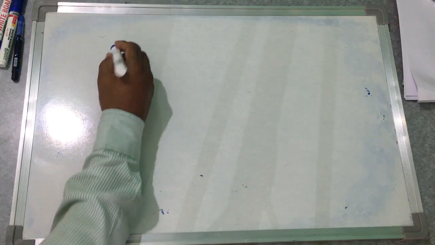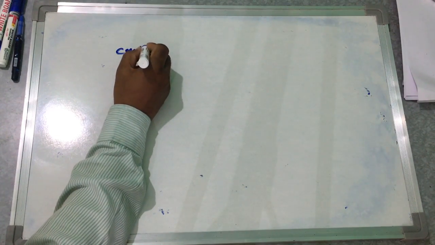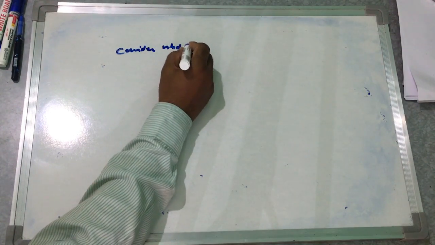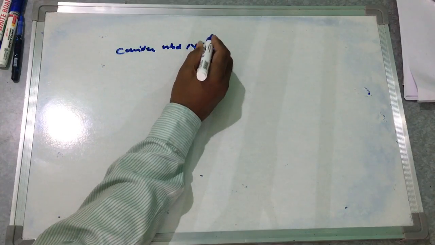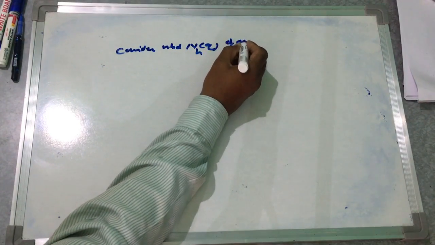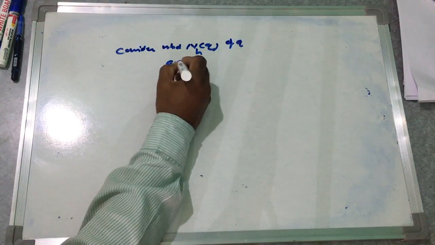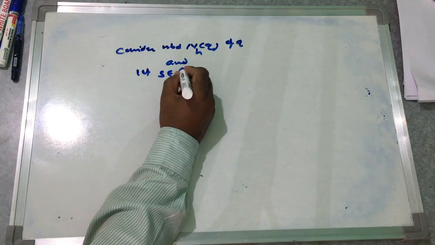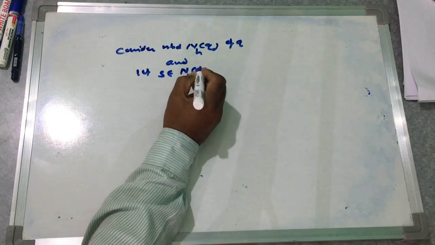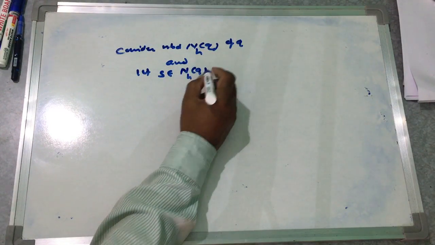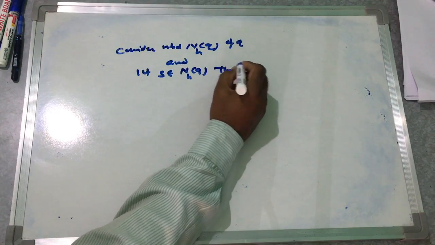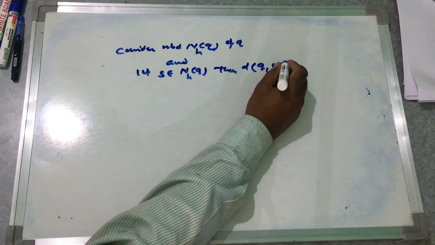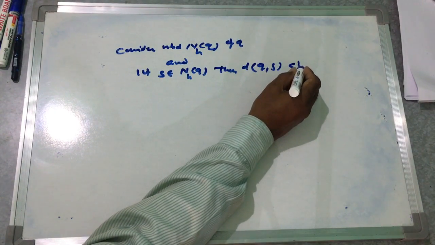So consider the neighborhood N_h(q), and let s belong to N_h(q), then the distance qs less than h.